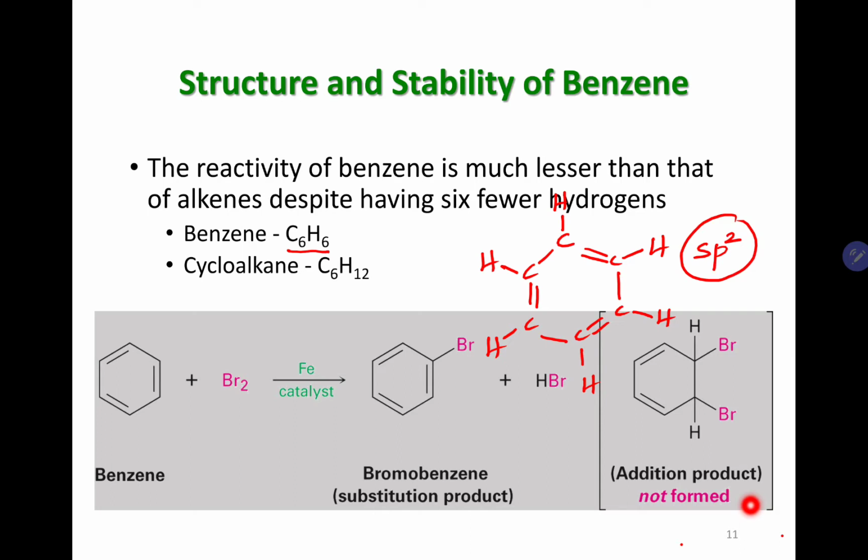Each carbon is sp2 hybridized, and each carbon has a double bond and 2 single bonds, and one hydrogen atom directly attached to it. So this is how benzene looks. If you take a look at the skeletal structure, it looks like this. All right, so that is the structure of benzene.